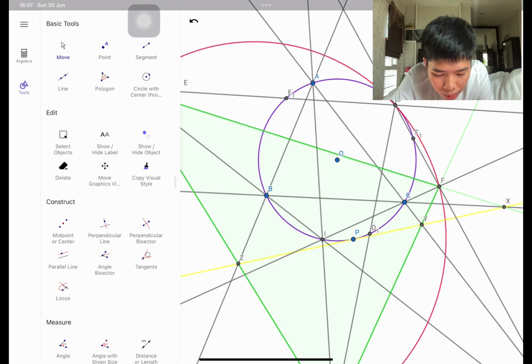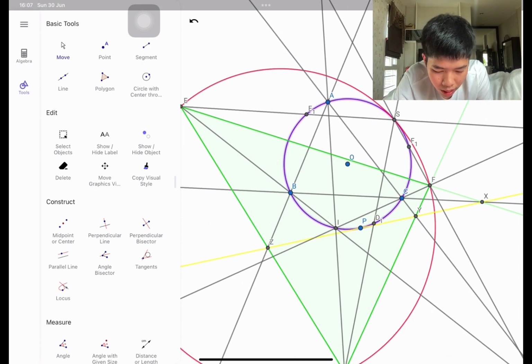Well, if you observe it, you see that EF is perpendicular to the reflection of OP over BC, right? Because OP is perpendicular to YZ, right?